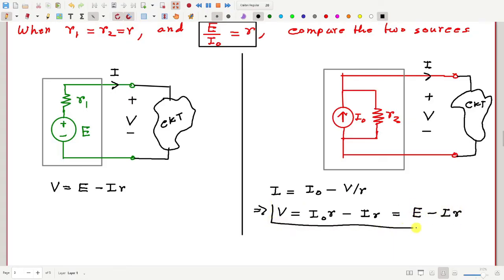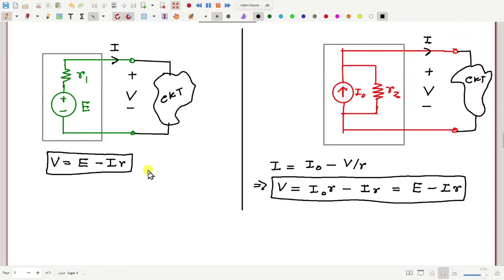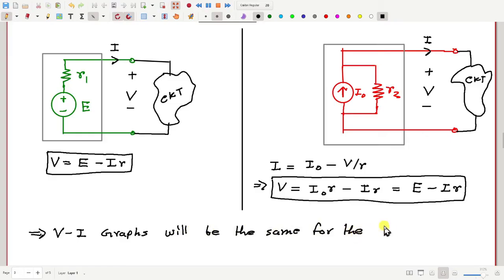So you see, these two equations are exactly identical. What does this mean? This means that the VI graph will be the same for both the sources.